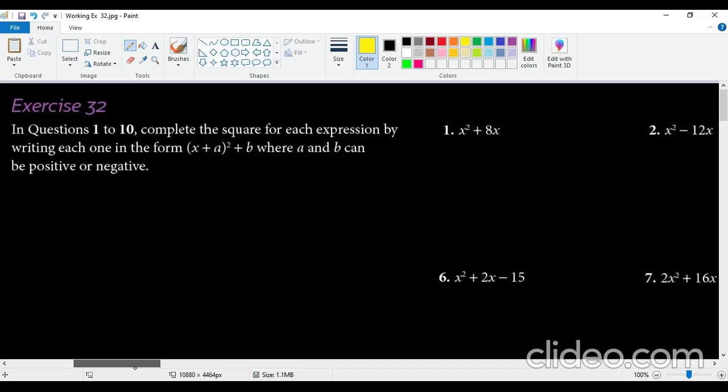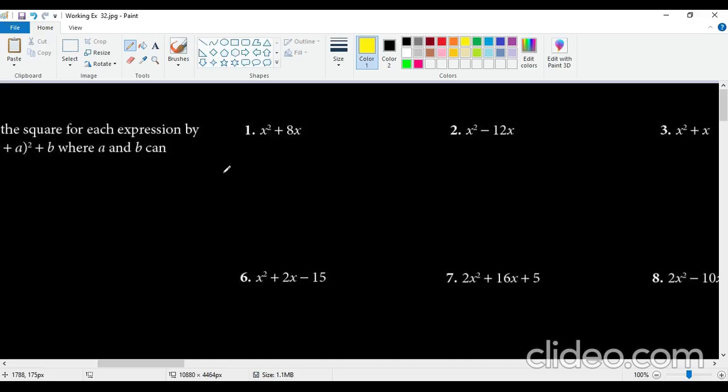The first thing you should do is understand this one as a and this one as b. Now the value of b, which is 8, has to be halved, and then you take the square of it. You write just x here and you write plus, because you can see a plus in between, x square plus 8x.